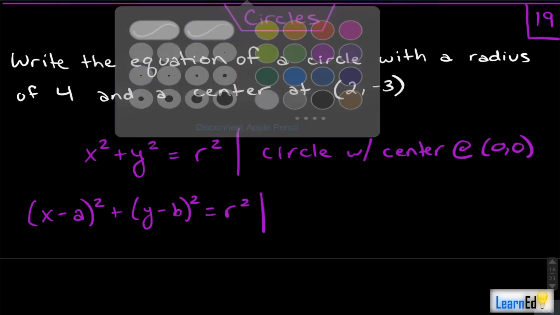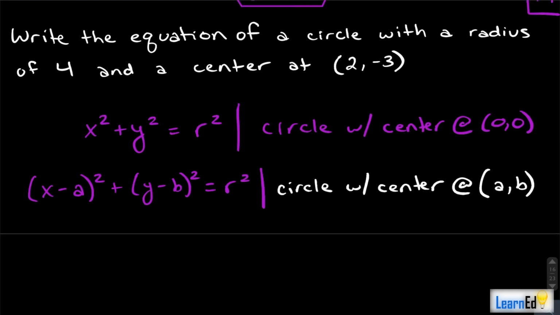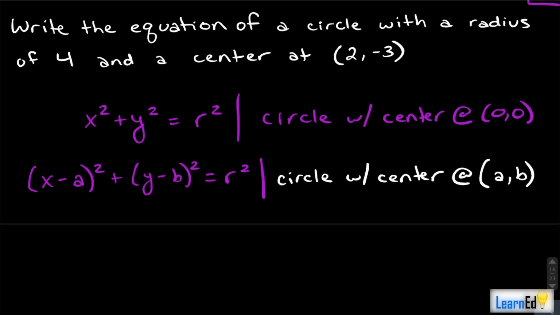And this is a circle with center at a comma b. Now, why is this not negative a, negative b? Well, you have to flip the sign, right? These things are inside parentheses. They're shifts, just as any other shift would be inside parentheses, and because they're inside parentheses, you have to flip the sign. That's how that works, right?